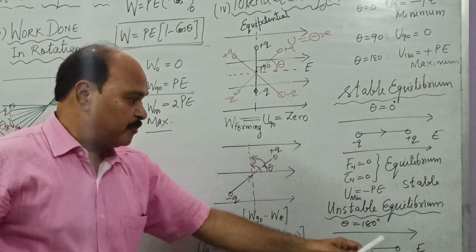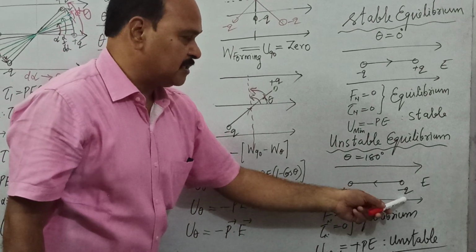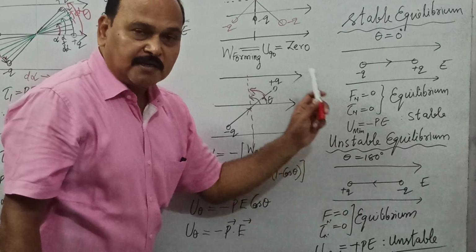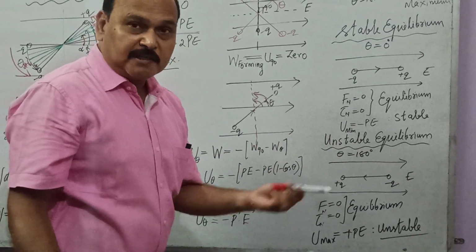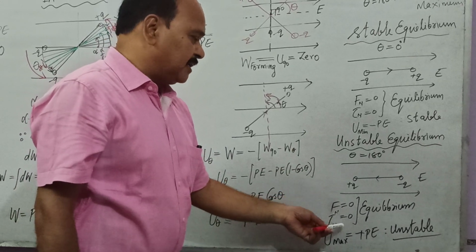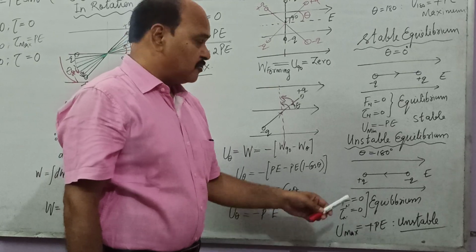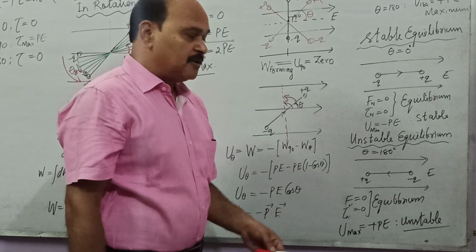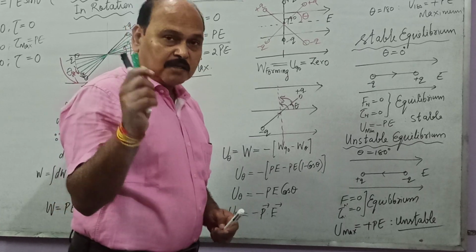And if we rotate the dipole pole for pole, such that positive charge is here, negative charge is here, and angle theta is 180 degree, the dipole is in unstable equilibrium. Well, it is in equilibrium because net force and net torque are as usual 0. Force is always 0, torque is 0 when theta is equal to 180 degree. So both force and torque are 0.